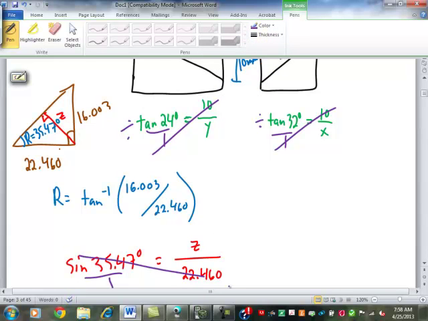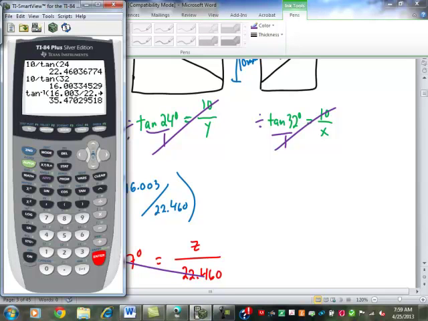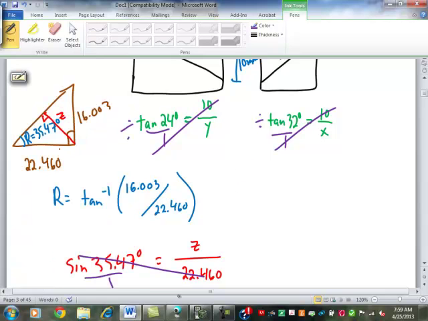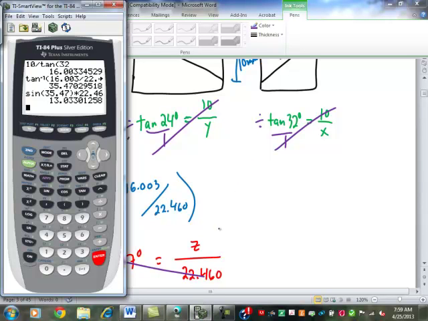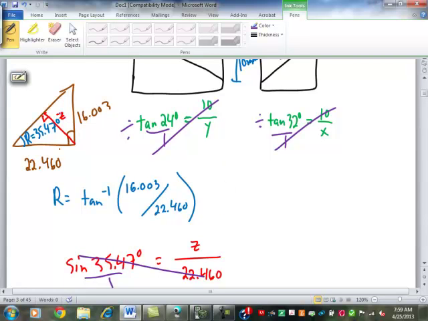It's going to be sine of 35.47 times 22.46 divided by 1. So, what's that? I got 13.033.